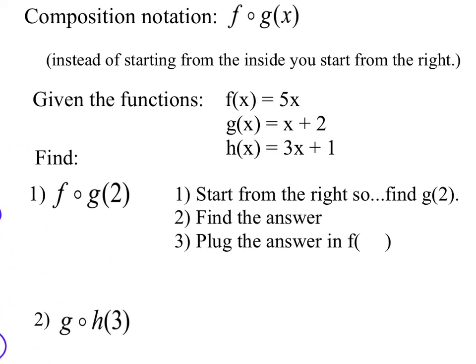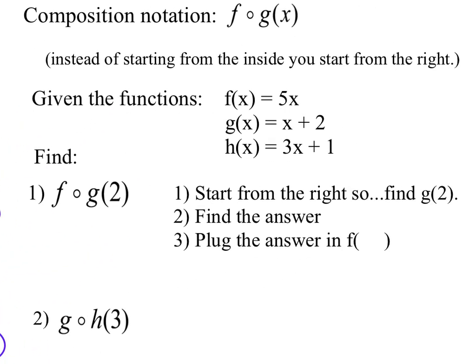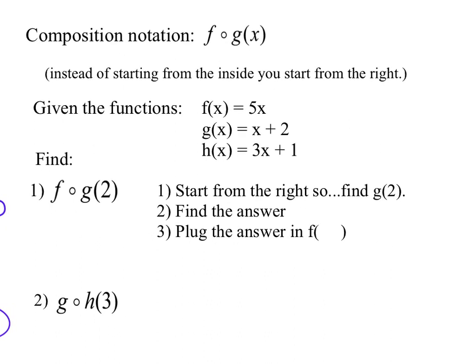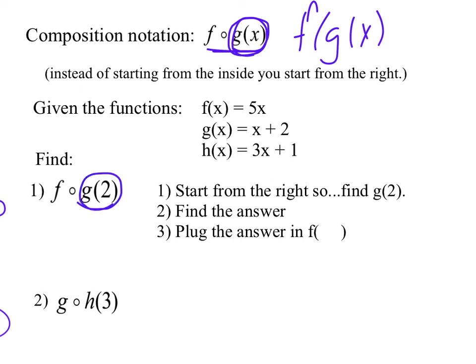So sometimes the notation is different, and I just have to show you the notation, but the process is still the same. It's really not much different. This is the notation that you might see, but it's the same exact thing as f of g of x. It's just written differently. So you circle what's closest to the number, or start from the right, as this says.